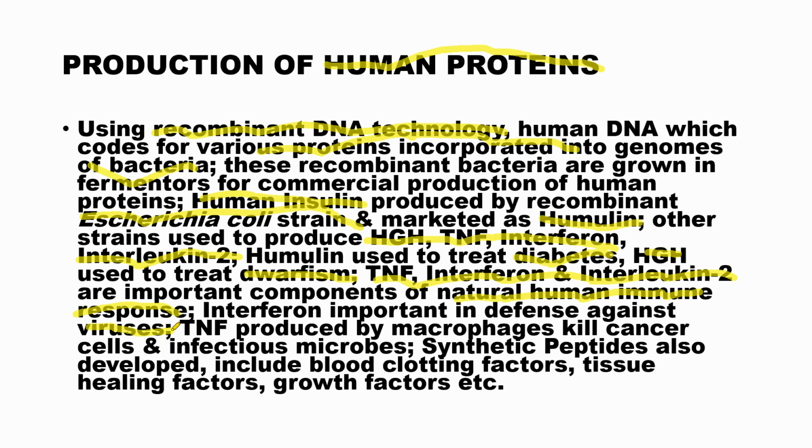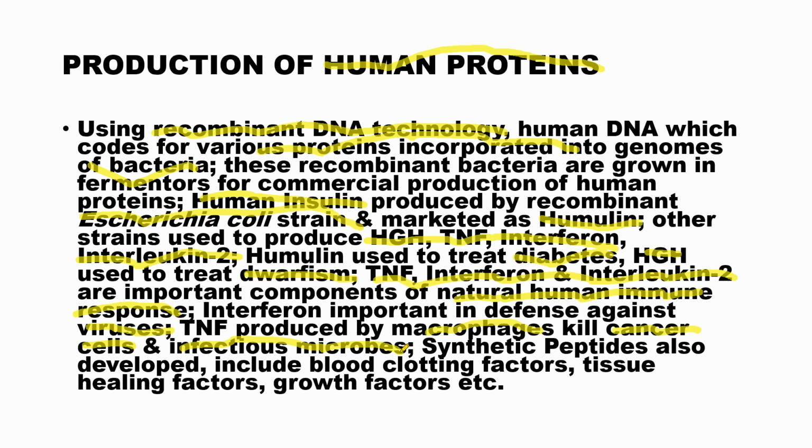Now, TNF, tumor necrosis factor, is produced by macrophages. You have heard about macrophages. Macrophages are a group of immune cells. So tumor necrosis factor produced by macrophages will kill cancer cells and other infectious microorganisms.